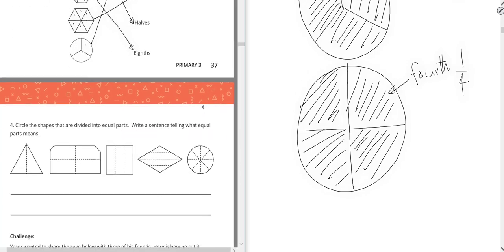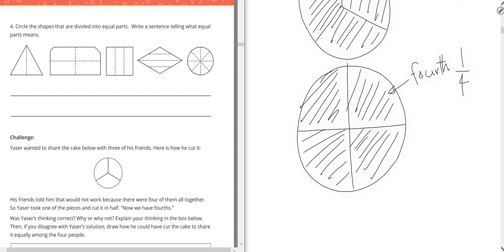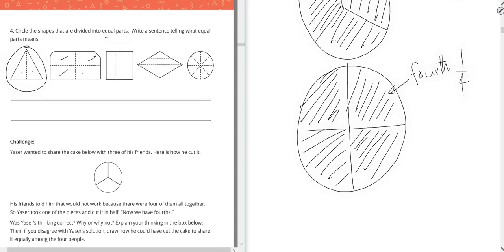Turn your page. Number 4, circle the shapes that are divided into equal parts. Then write a sentence telling what equal parts means. This shape divided into 2 equal parts. So we circle it. This shape, the second shape, not equal parts. The third one, this shape divided into 3 equal parts, so we circle it.